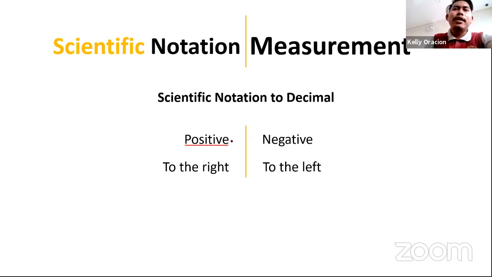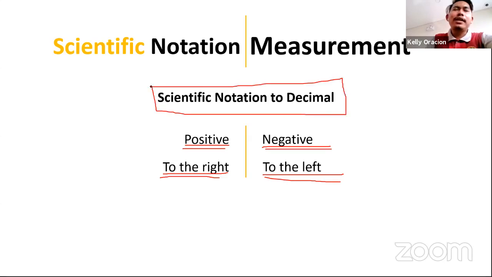Positive ang exponent, the direction to the right. Pag negative ang exponent, the decimal to the left. Again, please take note this is scientific notation to decimal.